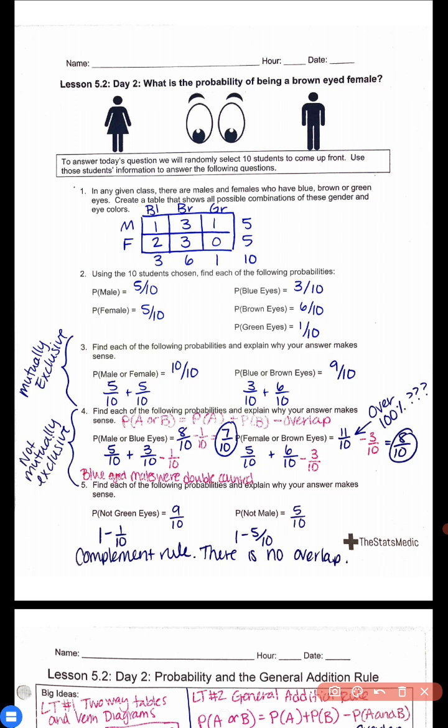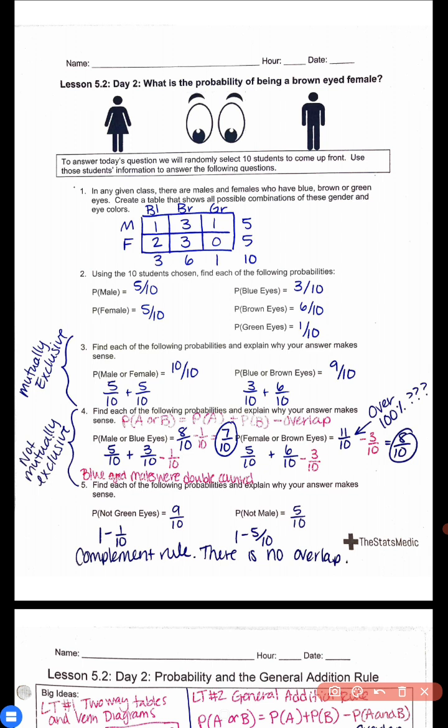So all we have to do is add together the 5 out of 10 males plus the 5 out of 10 females to get a total probability of 10 out of 10. What does that mean? We have a 100% chance in this class of picking a male or a female. Well, what about the probability of picking someone with blue or brown eyes? Again, those two things are mutually exclusive.